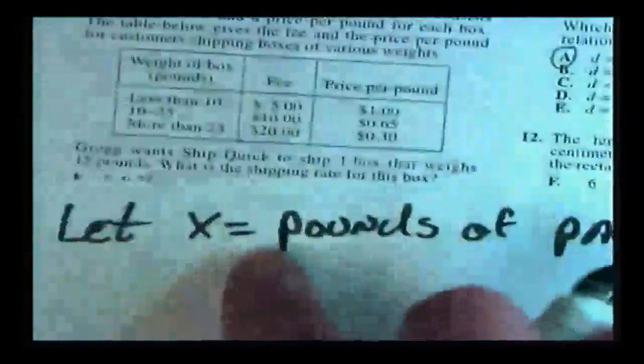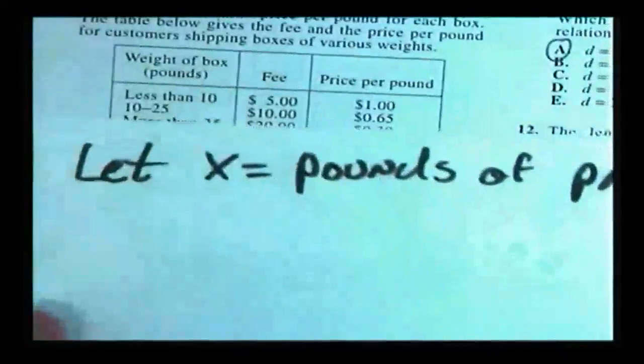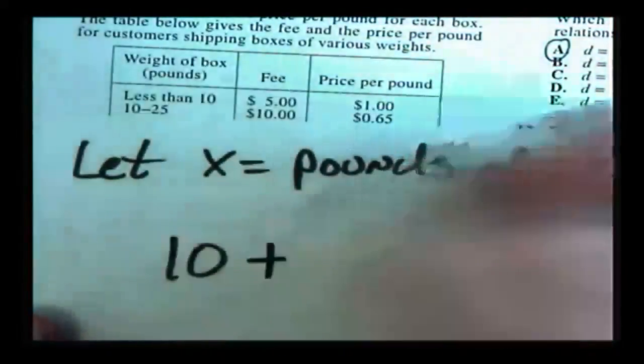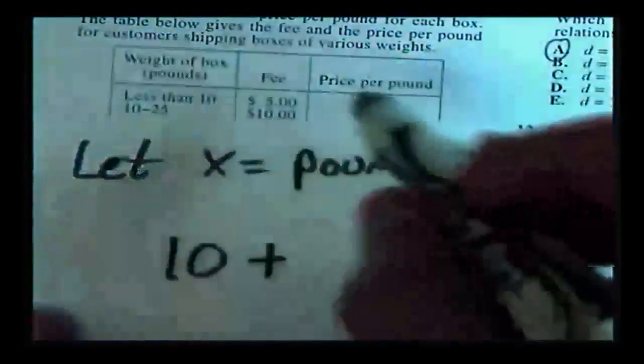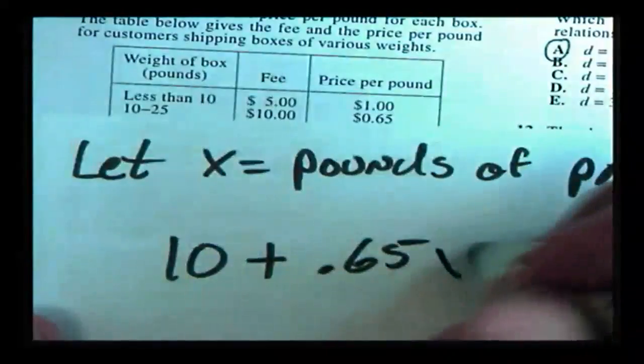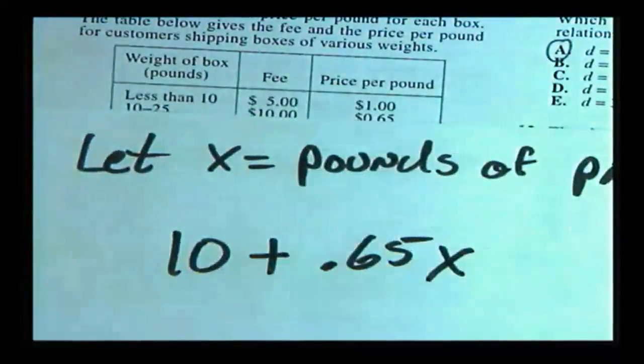And if that's the case, then we know 15 pounds, we're between 10 and 25, so we have a $10 fee plus a 65-cent fee for every pound. So there I've set up an equation.